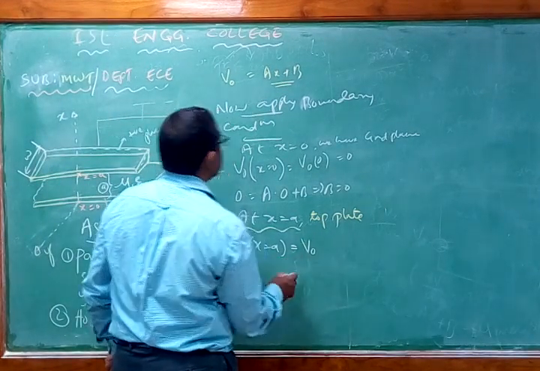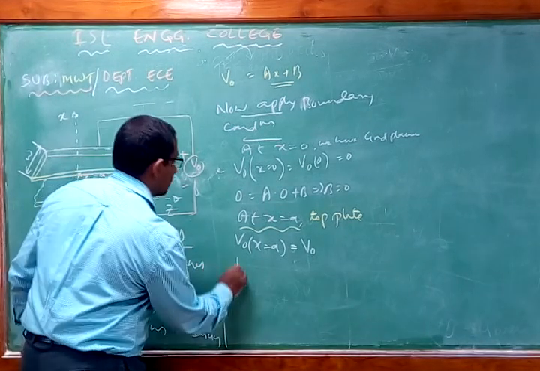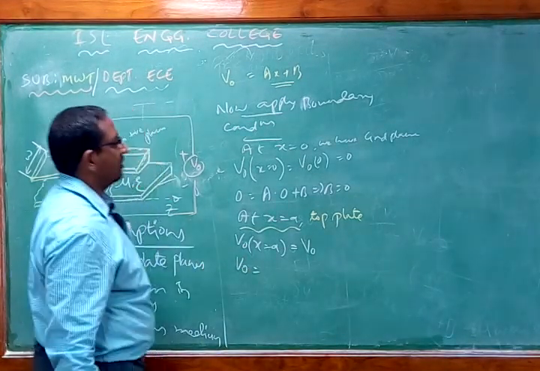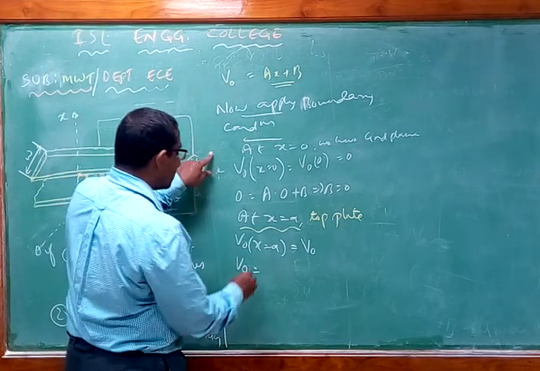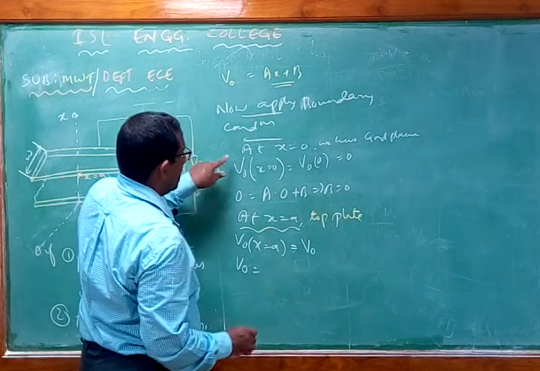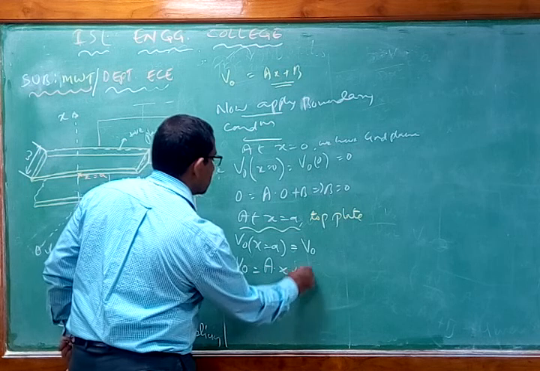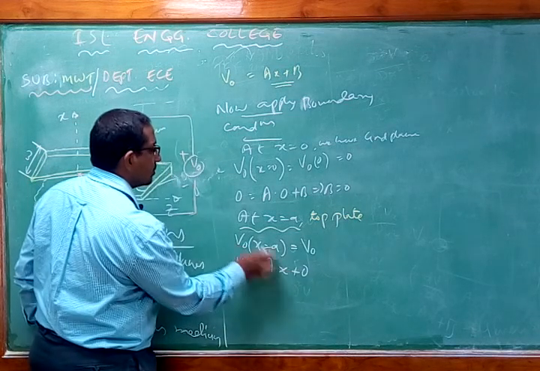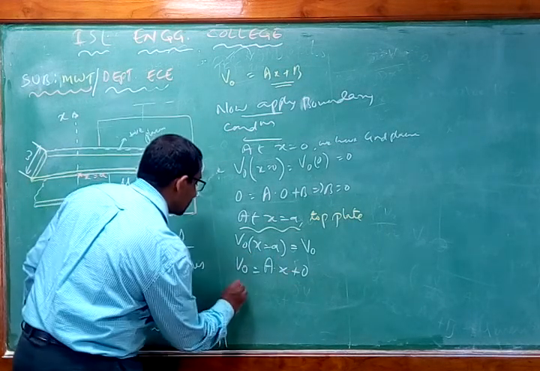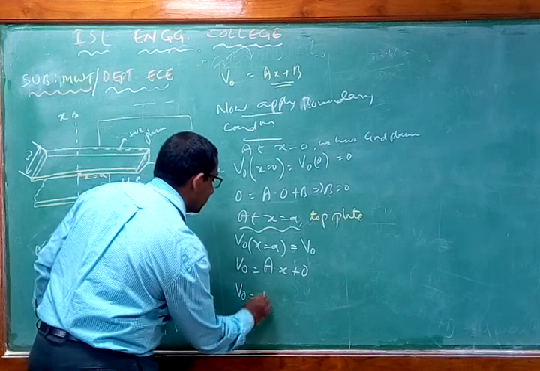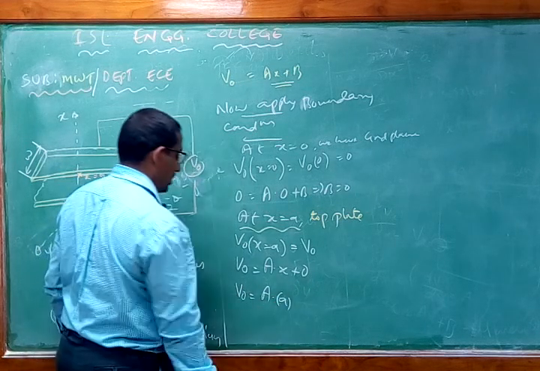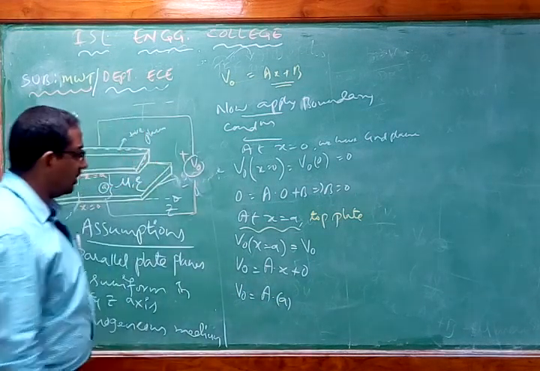Now we substitute them in the previous equation. V naught is equal to a into x plus 0. Once you substitute x is equal to a here, what do we get? V naught is equal to a into small a. So this is the one we get.